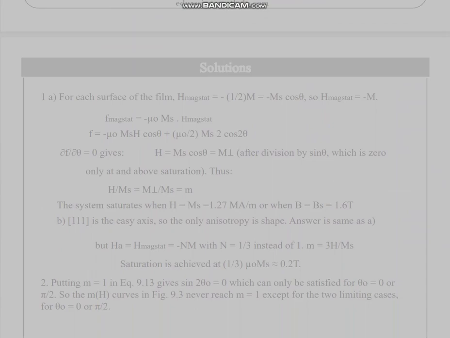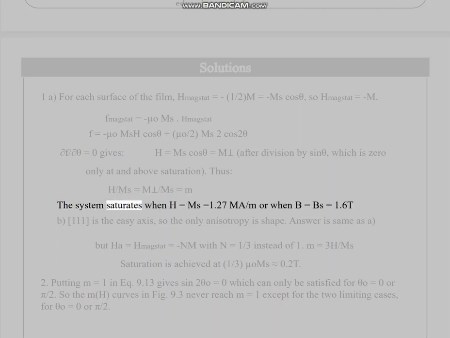1a. For each surface of the film, Hmagstat equals 1/2 M equals Ms cos theta, so Hmagstat equals M. F magstat equals mu0 Ms H cos theta plus mu0/2 Ms^2 cos^2 theta. dF/d theta equals 0 gives H equals Ms cos theta equals M, after division by sin theta, which is 0 only at and above saturation. Thus, H/Ms equals M/Ms equals m.